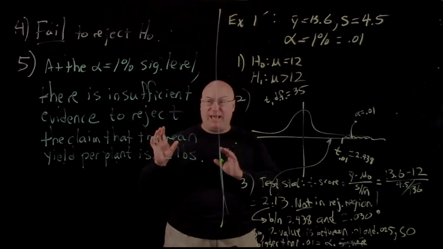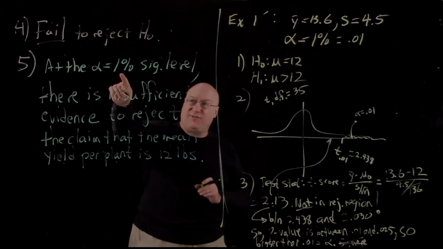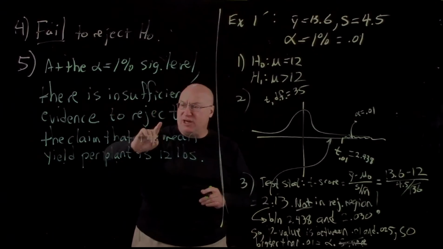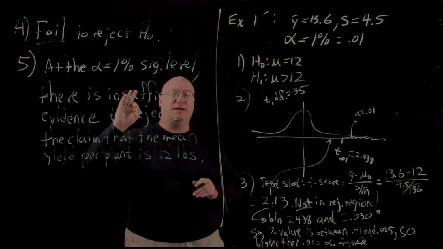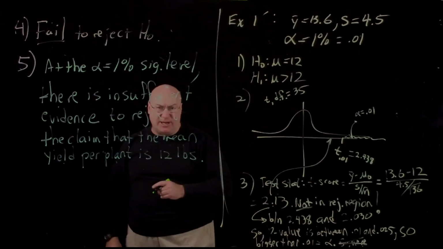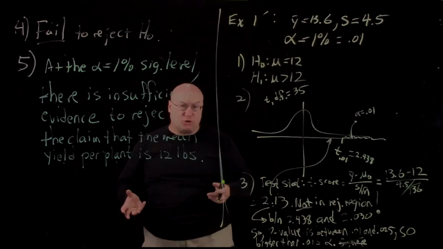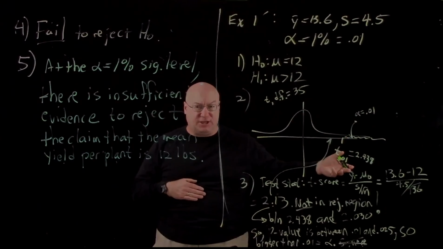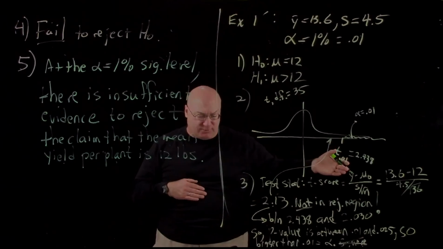We can't really say very strongly at this significance level that we believe that it changed. So it is insufficient evidence to reject H naught, which is that the mean yield per plant is 12 pounds. And you could add, we don't have strong reason at this significance level for believing that the yield increased. That's really what we're saying.